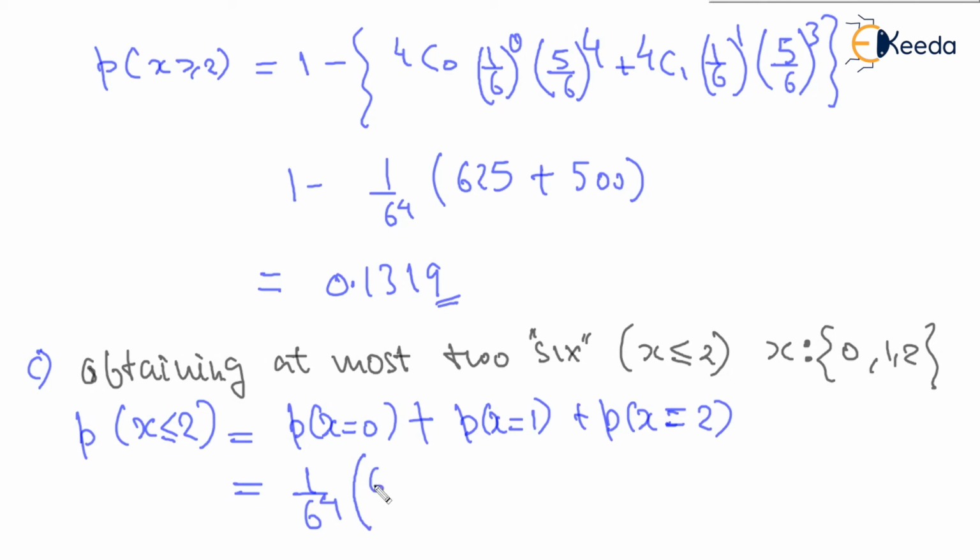This is 625. This is 500. And this one in the previous case was 150. So this is overall 0.983. We are not writing the expression like nC0 p^0 q^n, nC1 p^1 q^(n-1), nC2 p^2 and q^(n-2). We already have used those terms.